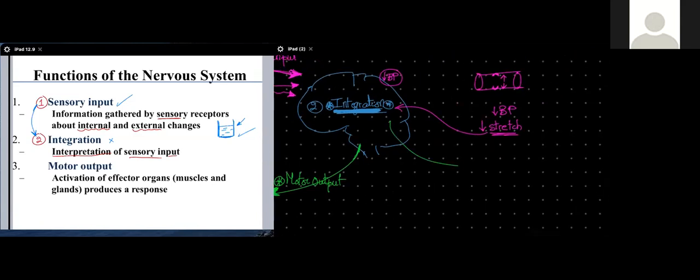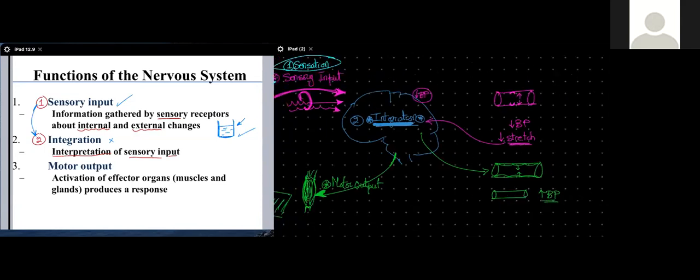So in this case, it's going to be going not to my skeletal muscles, it's going to be going to my smooth muscles, for the smooth muscles to contract, constricting the vessel. And as I constrict the vessel, this increases my blood pressure to normal.